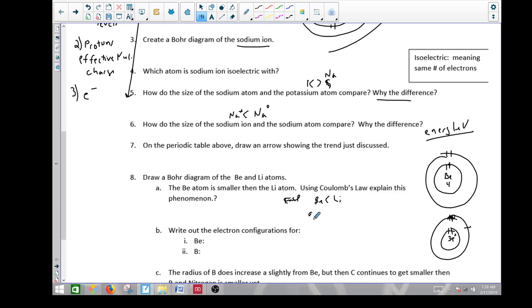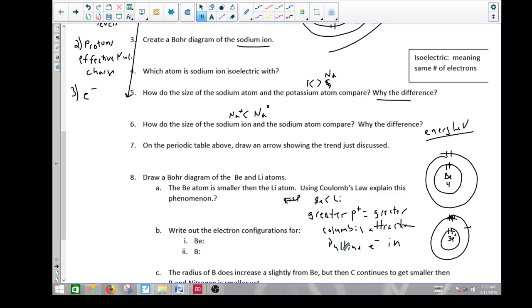Why? Because of greater protons. You can't just say greater protons. Greater protons causes greater Coulombic attraction pulling electrons in.